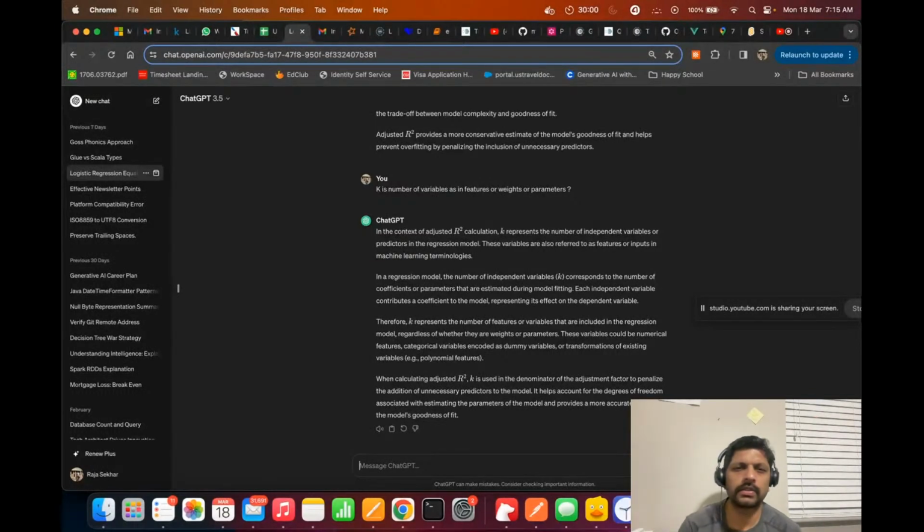This is the addition of necessary predictors, the degree of randomization in estimating the value, that's a more accurate model fit.